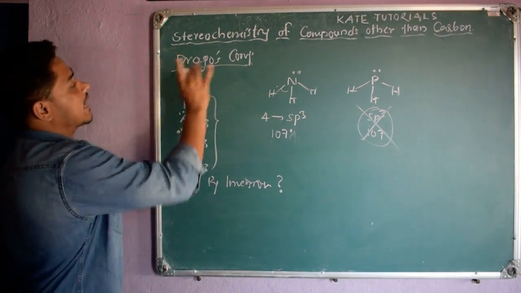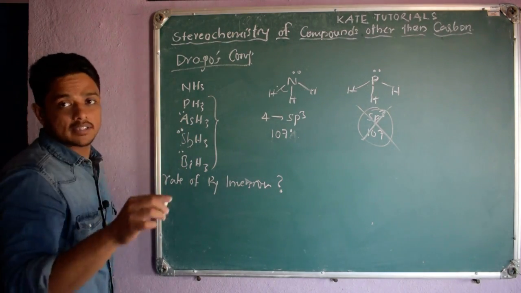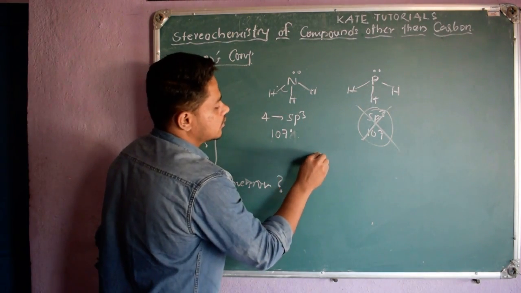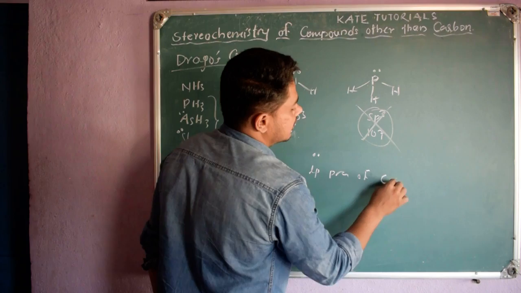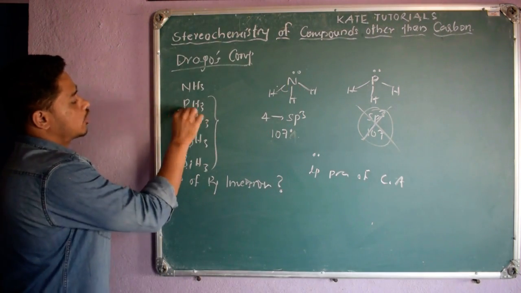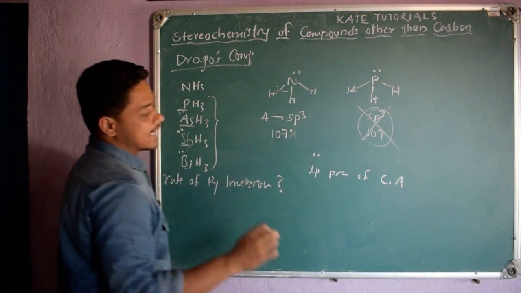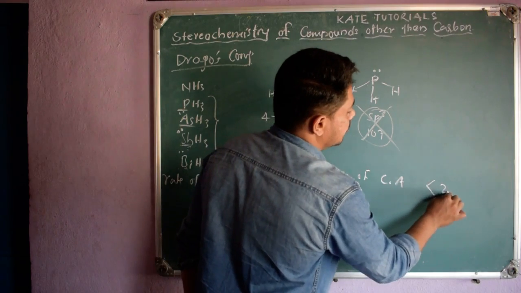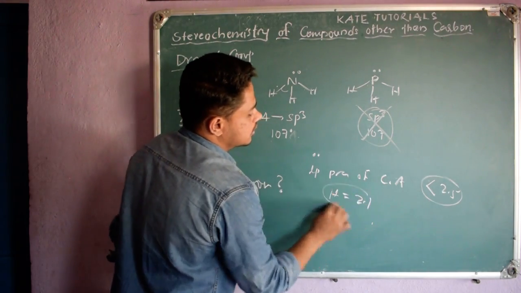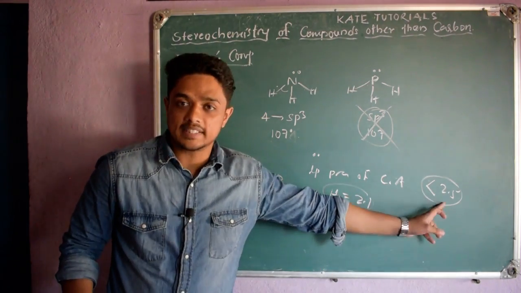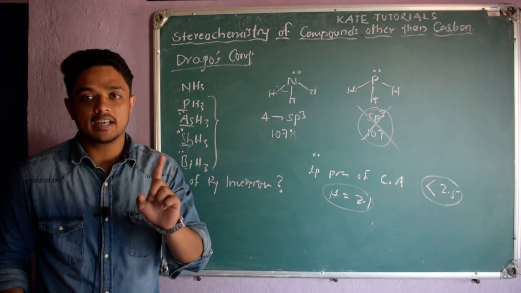That rule is nothing but Drago's rule. For compounds which have phosphorus, arsenic, Sb and bismuth as the central atom, if the electronegativity of the surrounding atom is less than 2.5, the lone pair present on the central atom will not participate in hybridization.